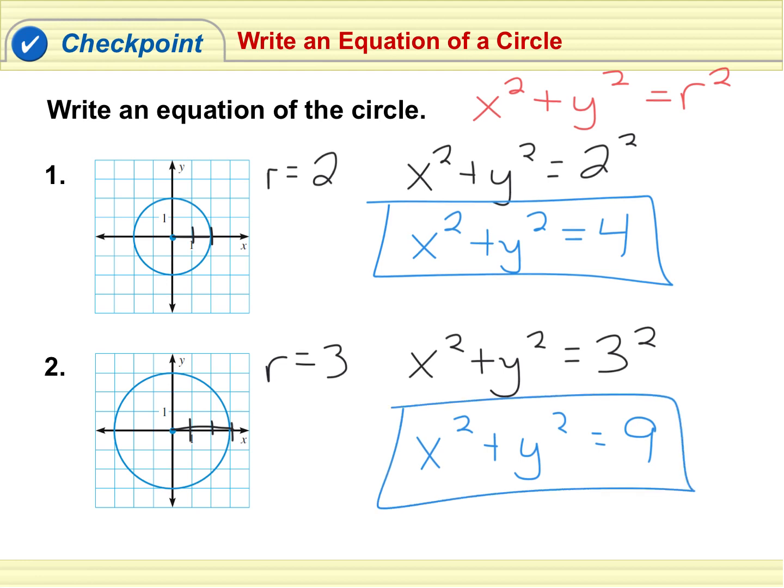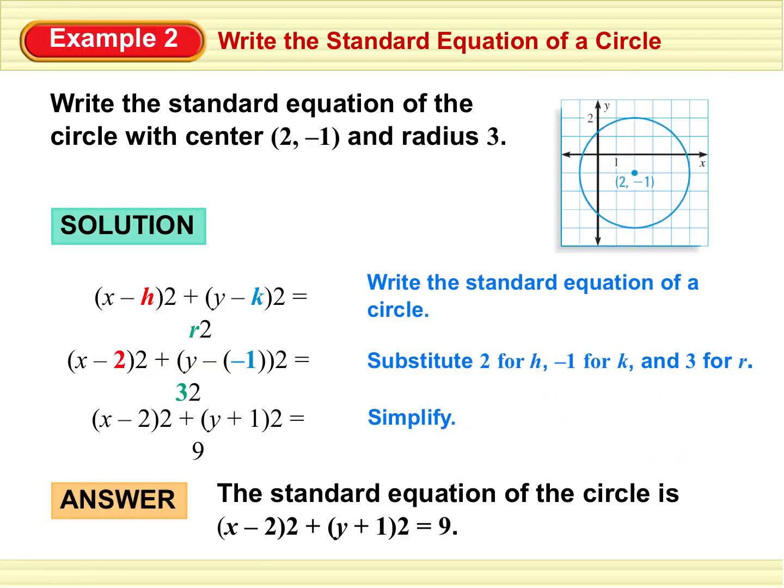Again, that's if the center is at the origin. Questions on writing those? No. Okay, let's look at when it's not at the origin. This time the formula we're going to follow is x minus h squared plus y minus k squared equals r squared. What's different from the equation we were just working with?